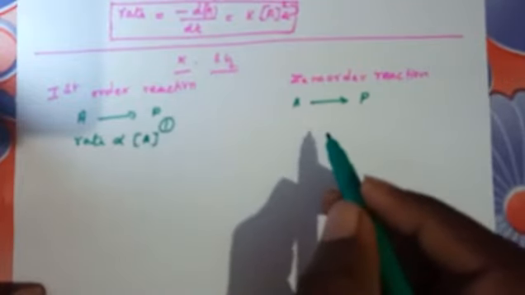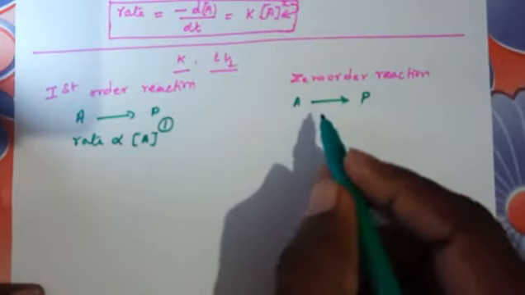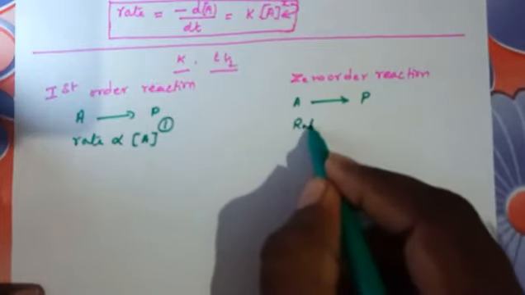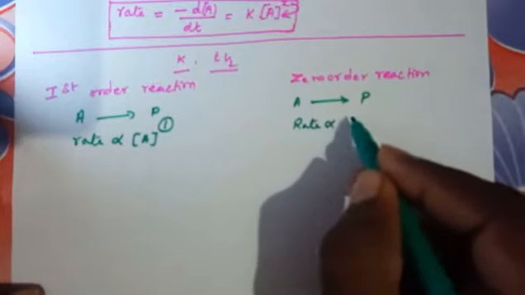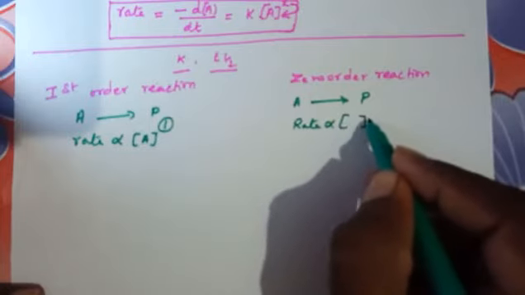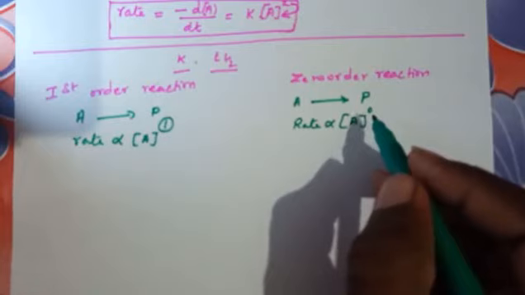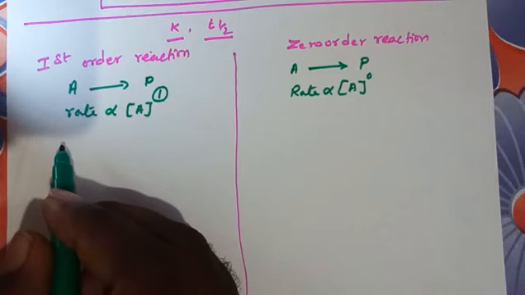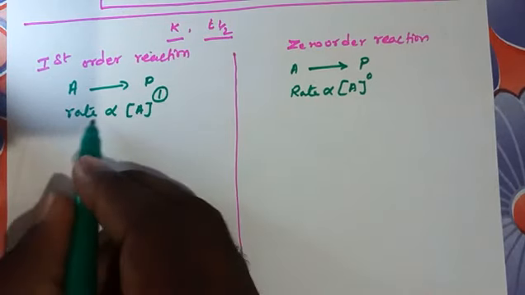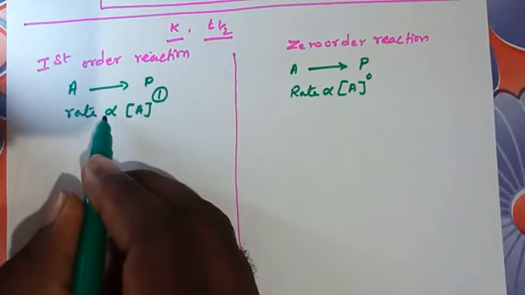In the same way, if the rate of the reaction is directly proportional to concentration to the power 0, it is called a zero order reaction. The proportionality constant can be replaced by a constant.